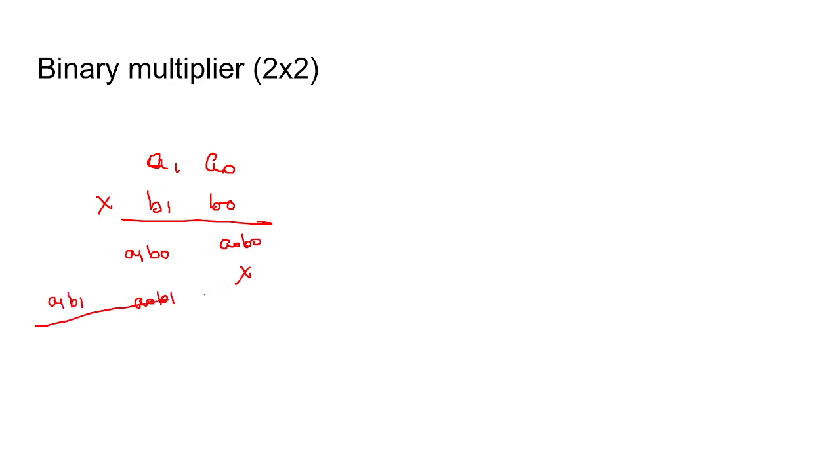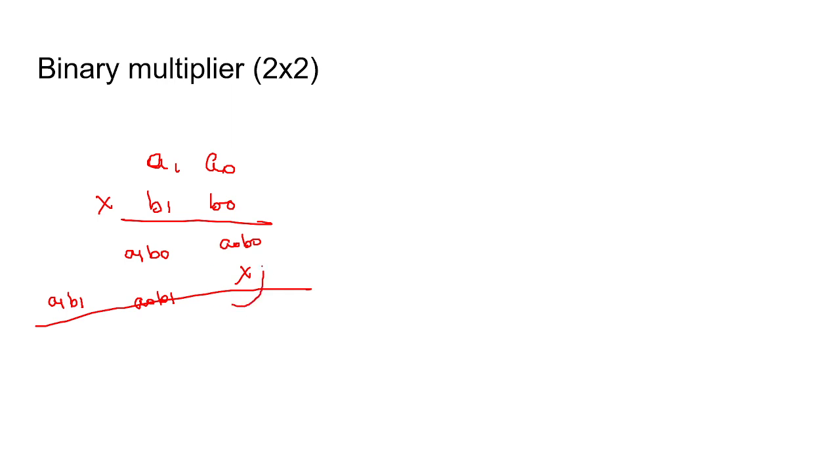Say I wish to perform A1 A0 times B1 B0, 2-bit multiplication. So I will get A0 B0, A1 B0 and A0 B1, A1 B1.